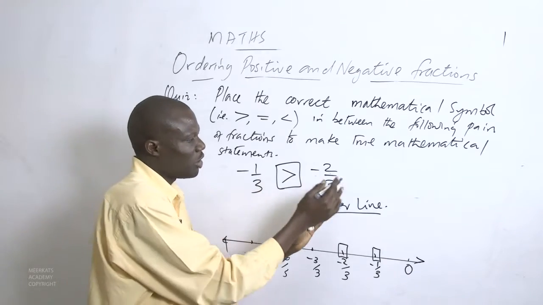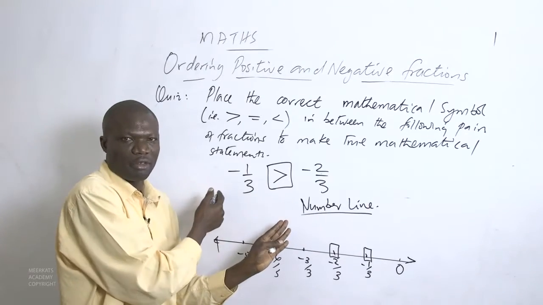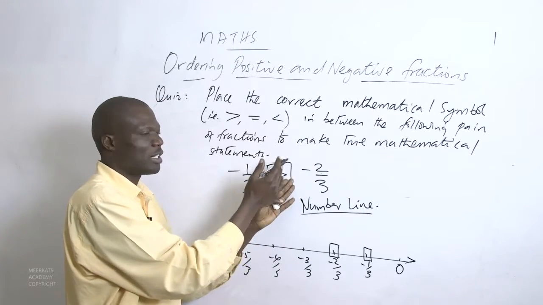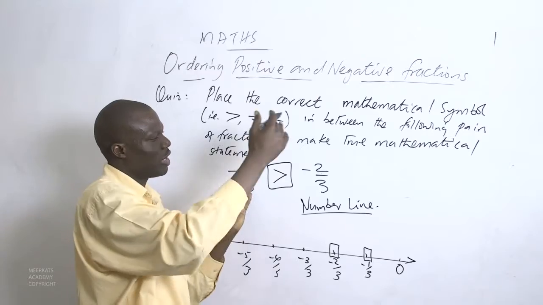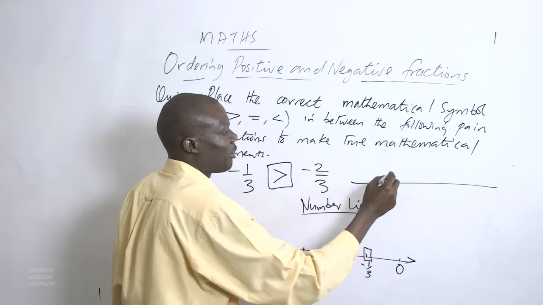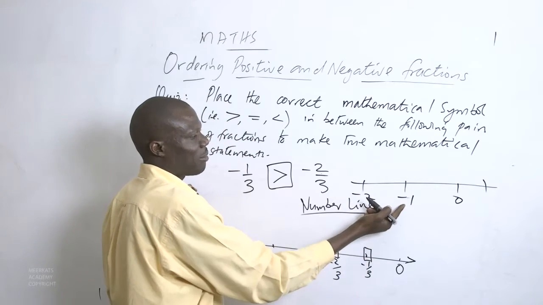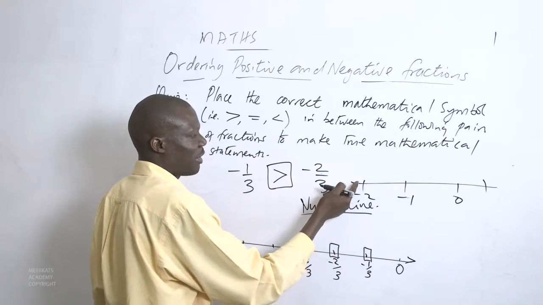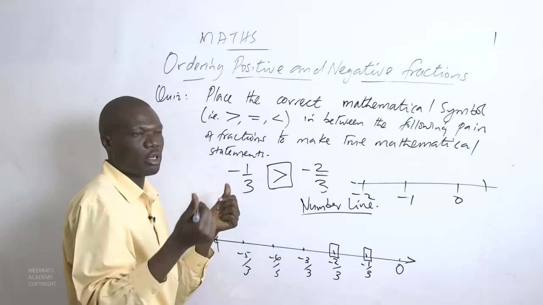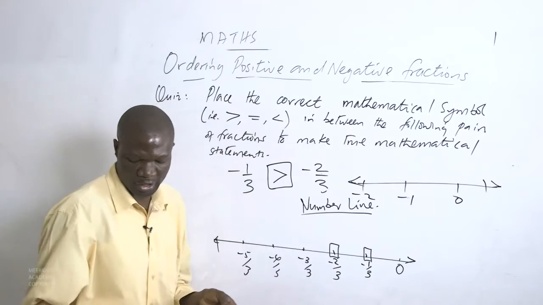You realize that from 0, -1 is on the right-hand side of -2; -2 is further, on the left-hand side of -1. So any number that is on the right of another number is simply larger. If we had a number line with 0, -1, -2, you realize that -1 comes first, so -1 is larger than -2. The denominators are the same, so where we have -1 will be greater than where we have -2. You can simply use that, and it will give us the same answer.